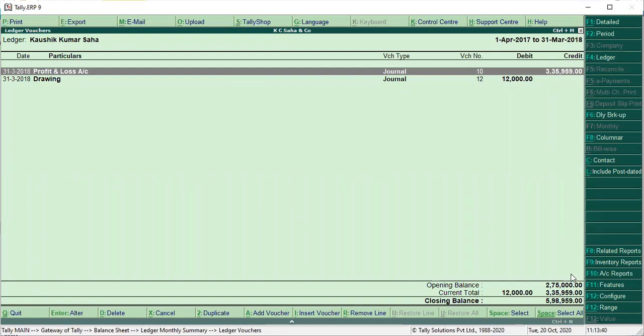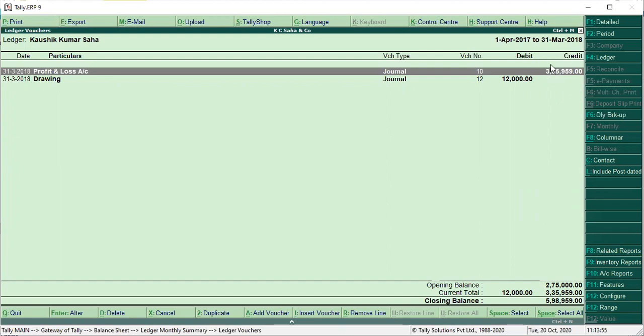In the capital account of Kaushik Kumar Shah, the opening balance was 2,75,000. But in the current year, you have earned a profit of 3,35,959 on the credit side.